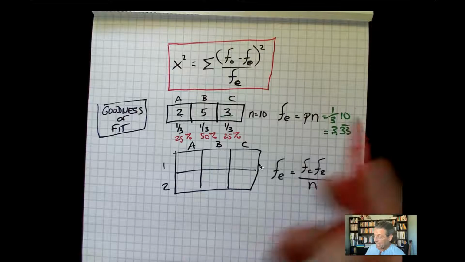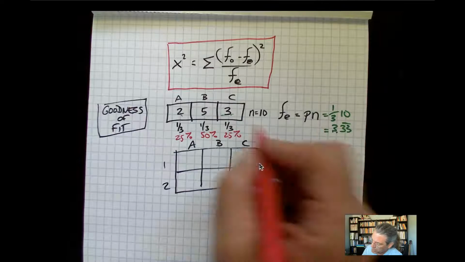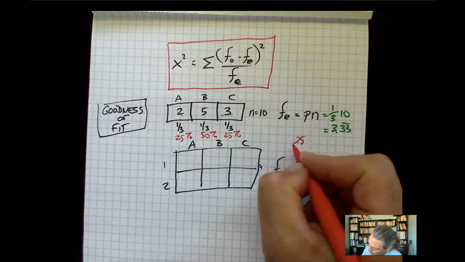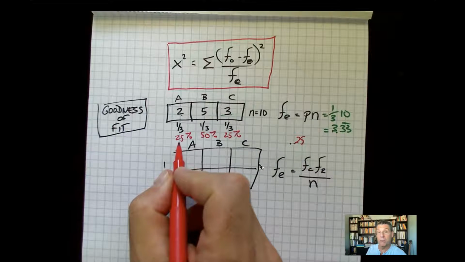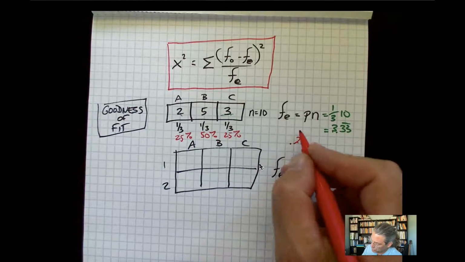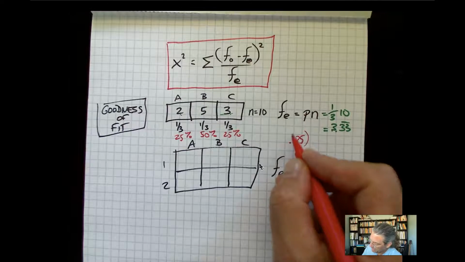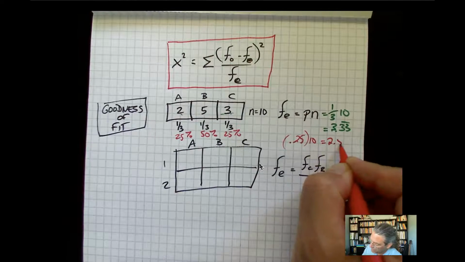In that case, our frequency expected for this first cell would be that 0.25. You have to convert the percent to a proportion, so 25% as a proportion is 0.25, times n, which is 10, is 2.5.